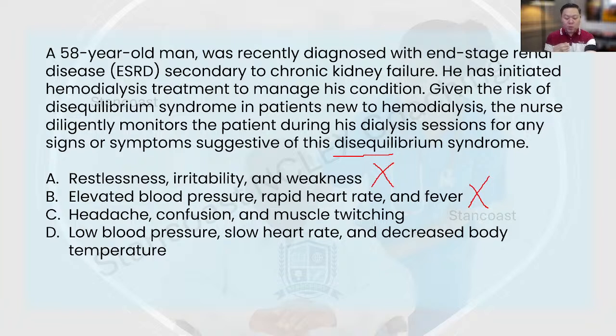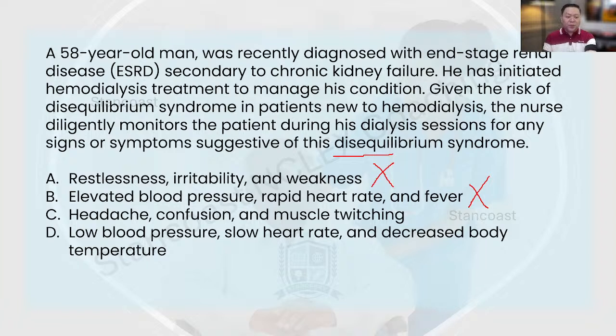So when the BUN, the high level of blood urea nitrogen, is removed from the vascular compartment, it will cause osmotic changes in the brain cells due to the shifting of the fluid, and it will cause brain cell swelling. All right, so there will be an increase also in the intracranial pressure. Potentially our patient will go into seizure, aside from having increased intracranial pressure. So add that to your notes, increasing ICP and also possible seizures.